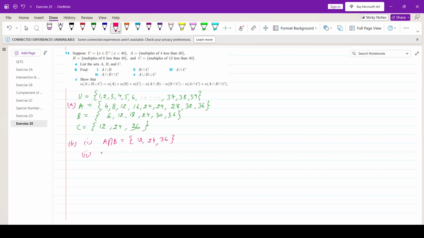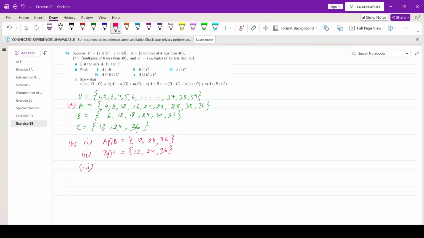Second part is B intersection C. That will be common part between B and C. So 12 is present, 24 is present in B, 36 is present. So that will be 12, 24 and 36.